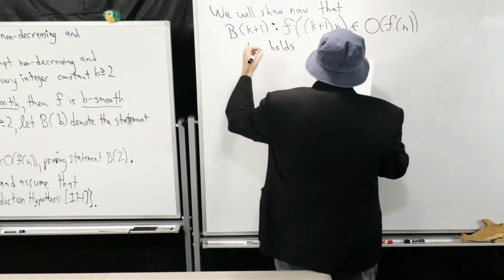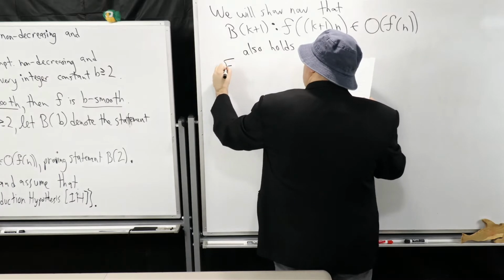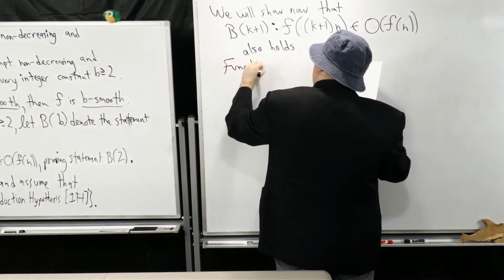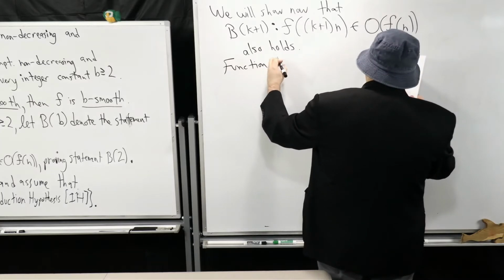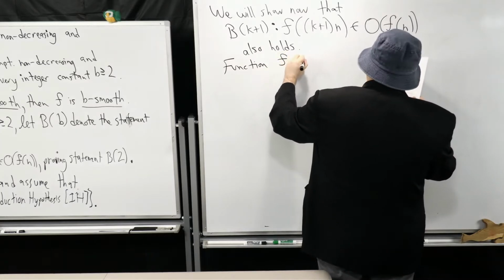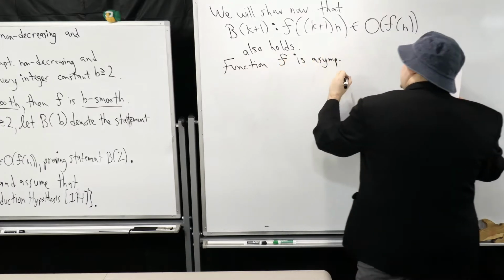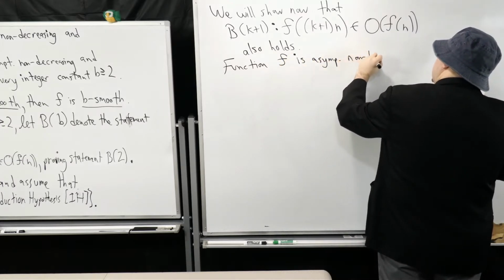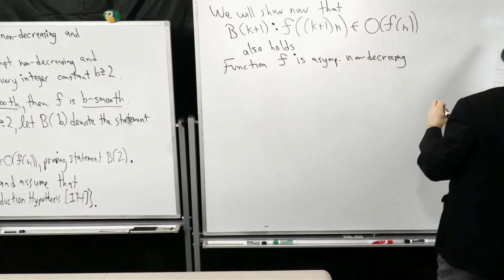So here's what we're going to do. We're going to invoke a property of the function. Function f is asymptotically non-decreasing.